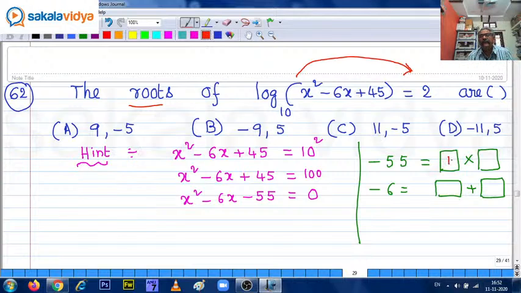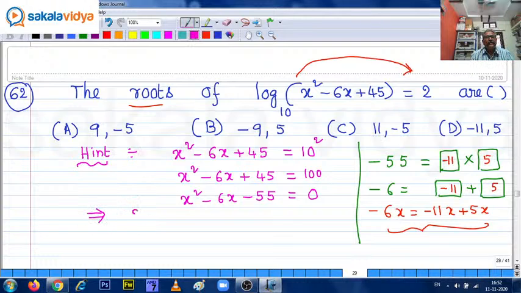I will write 11 5s are 55, but it should be minus 6, so I will write minus 11 and plus 5. Here put minus. So the minus 6x can be written as minus 11x plus 5x. So this actually leads to solve our problem.